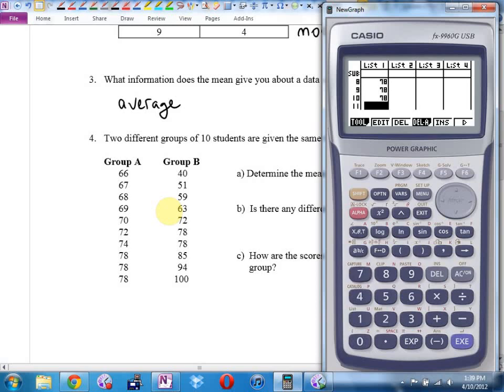So I type the first list into list 1, and I'm going to arrow sideways twice, and I'm going to type the second list into list 3. Listen closely. List 3. When you've got both lists typed in, just look up so I know that you're done.